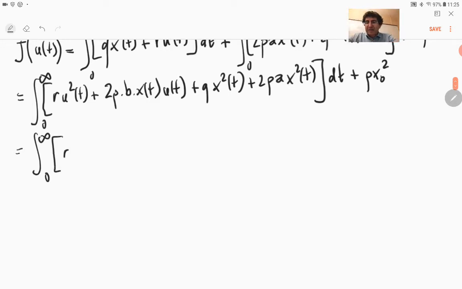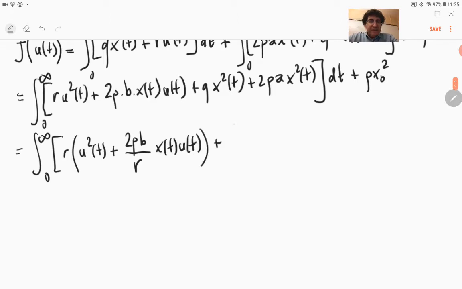So I'm taking r into parentheses. I have to divide the second term by r because it doesn't have any r term. So 2pb over r x of t u of t, plus q plus 2pa x square of t.